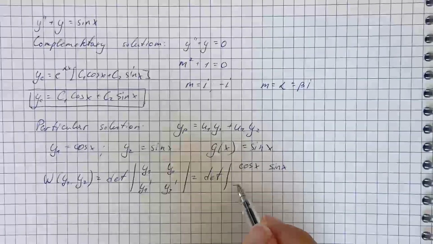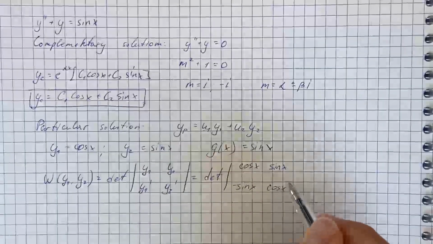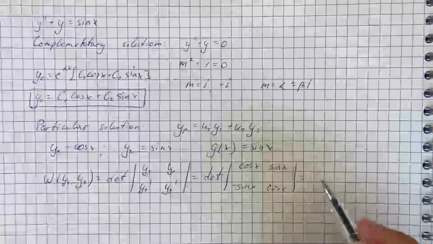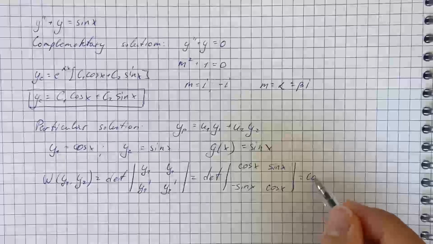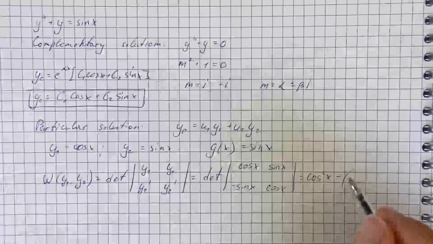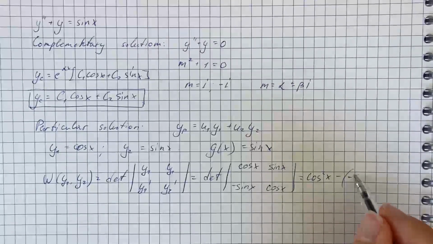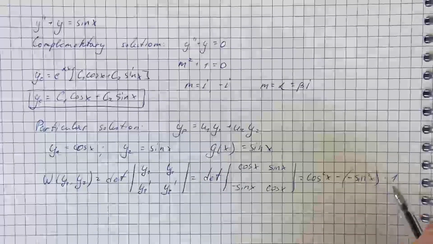The derivative of cosine of x is negative sine of x, and the derivative of sine of x is cosine of x. And that's going to be cosine of x times cosine of x, it's cosine squared of x minus negative sine squared of x, and that equals 1.